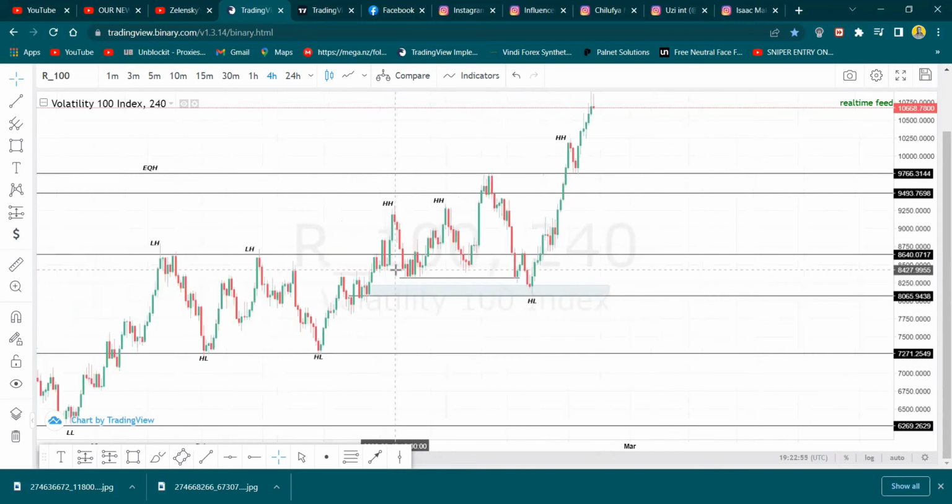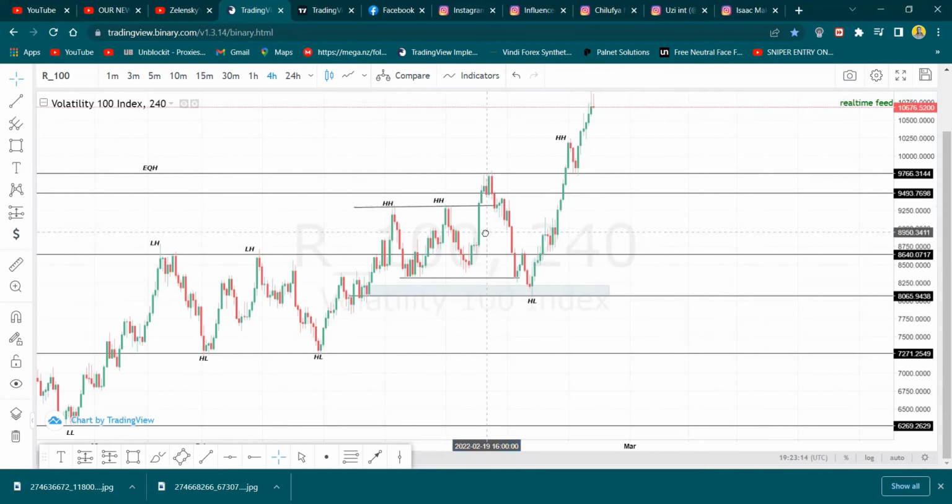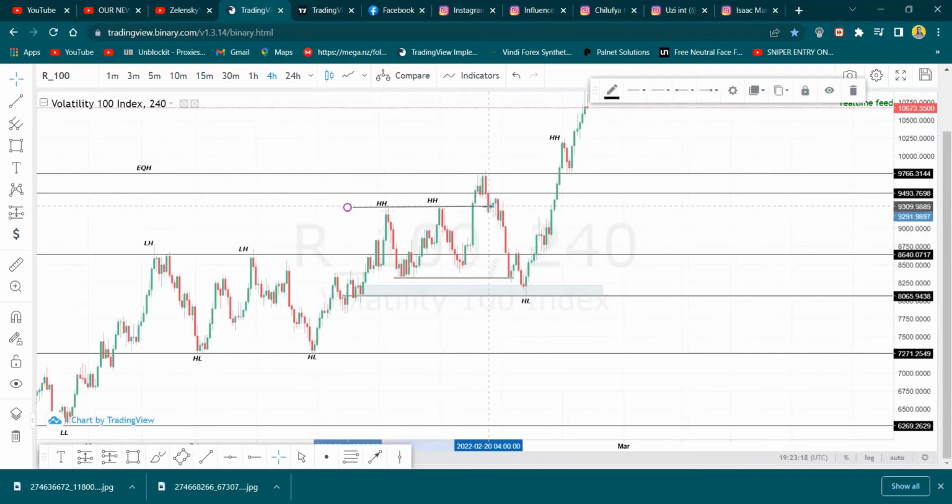Like I said, you can take support as the floor and resistance as the roof. This is also an area of support or resistance because price did not break above. Price only broke above at this level. After price broke, this level turned into resistance.